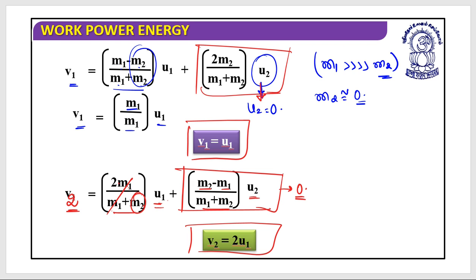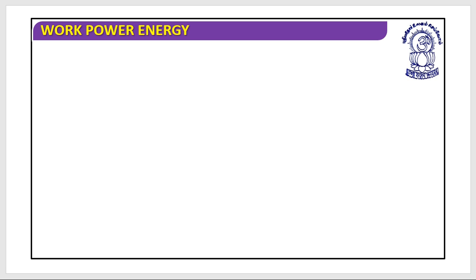Yes, so let's have a numerical aspect of this, and let's try to see whether it really works or not. What we are supposed to do is, this is the wall having a mass of, let's say, 100 kg. This is a ball having a mass of 1 kg.